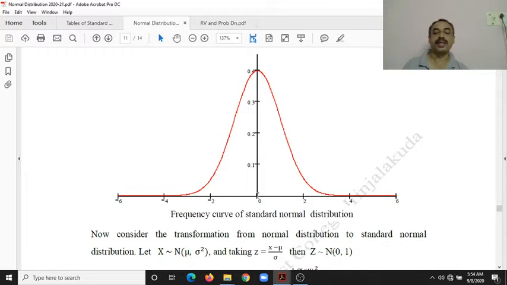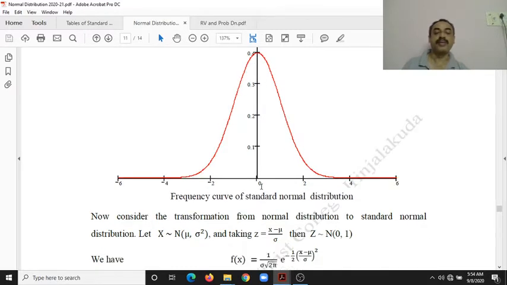Now the height of the standard normal curve attained at 0 is 1 by root 2 pi. In the case of normal distribution, it is 1 by sigma root 2 pi. Since sigma is 1 here, the height will be 1 by root 2 pi, which is approximately 0.4. Now, we have a relation connecting the normal distribution and standard normal distribution.